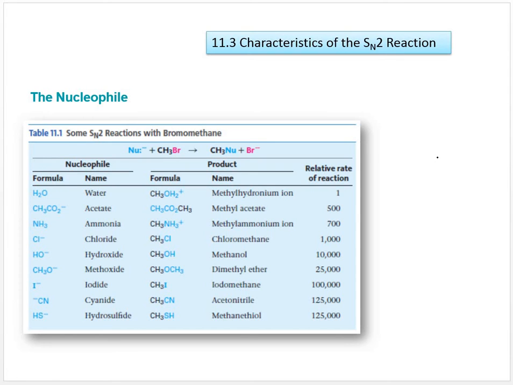Because basicity, being less basic or more basic, is related to an atom's affinity towards hydrogen, or a proton. But for nucleophilicity, generally nucleophiles have affinity towards electrophiles, and that electrophile is the carbon atom we have seen in this reaction. So that's the reason why it's not always parallel, but it's roughly.